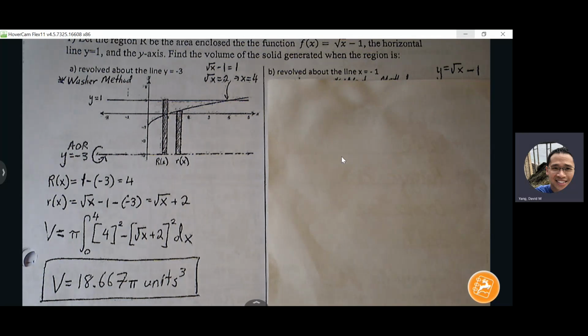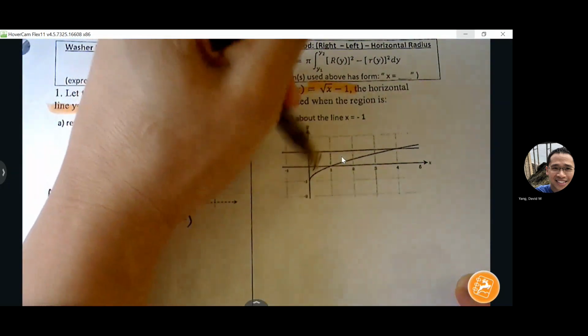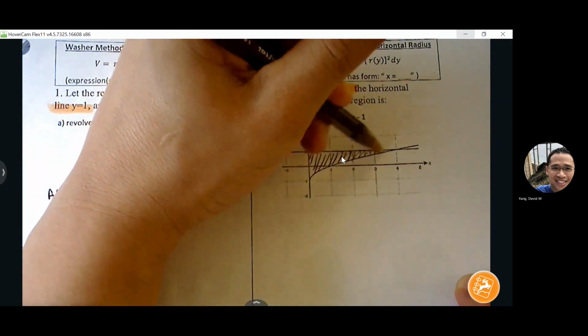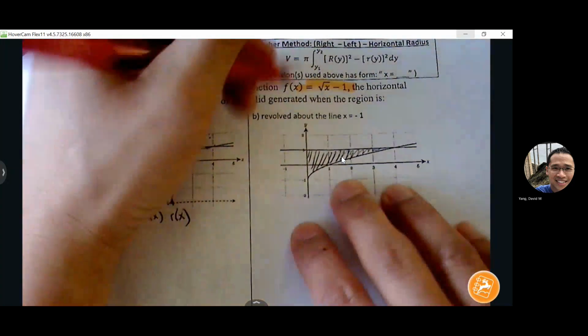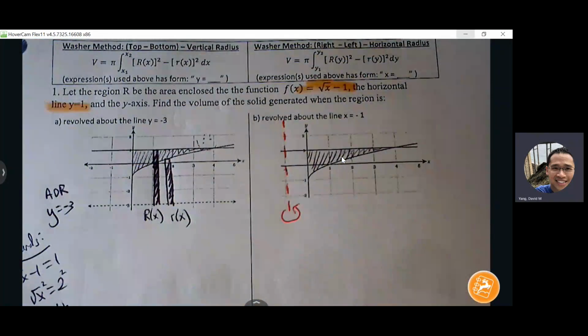Make sure you guys are good with A. Okay, does anybody still need part A? Washer method and vertical axis.